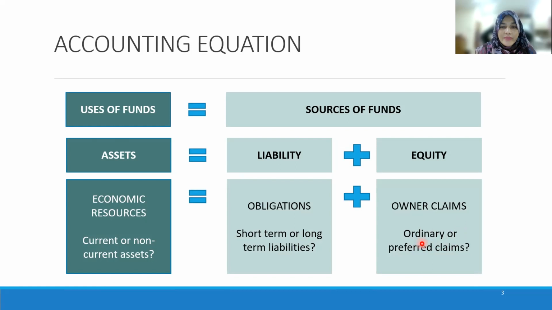But a preferred shareholder would have a higher priority in the distribution of profit, so that's why they are called preferred shareholders. Usually the profit is promised to them in a fixed term, for example, a 6% dividend for that particular preferred share.